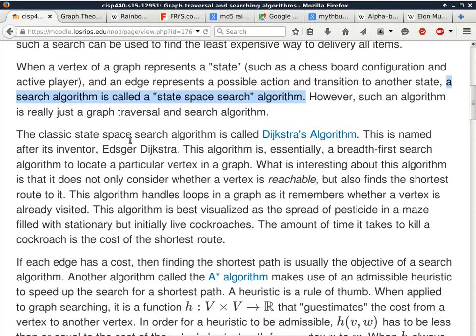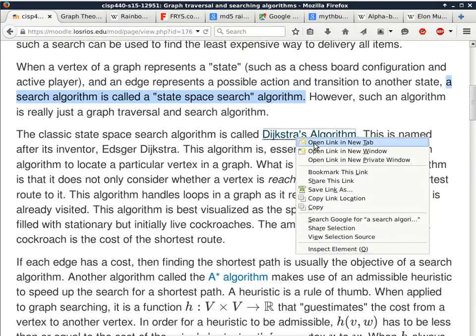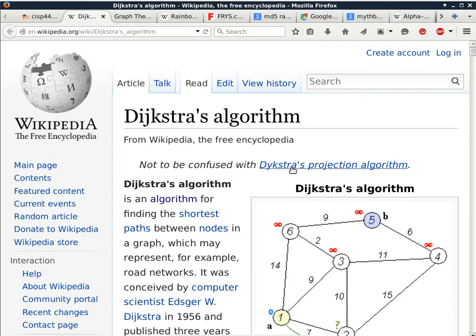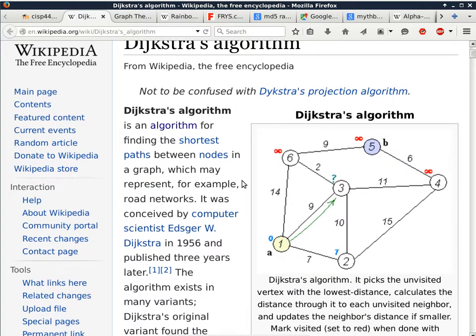The classic state space search algorithm is known as Dijkstra's algorithm, and it's a funny name because it is not English either. Dijkstra was invented by Edgar W. Dijkstra in 1956, so this is a pretty early algorithm. If you read the first paragraph, it says Dijkstra's algorithm is an algorithm for finding the shortest path between nodes in a graph.